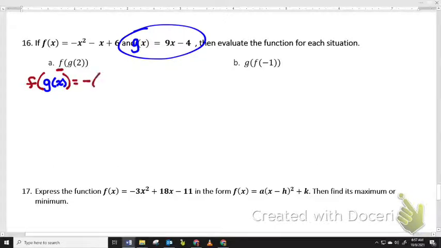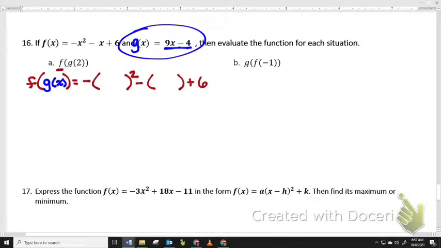So I would have negative, anywhere I see an x, we're going to make a substitution. Negative something squared minus something plus 6. Into those places where I've left space, where x was, that's where I'm going to take my entire function g and substitute it in.